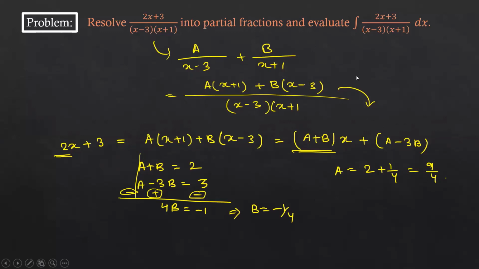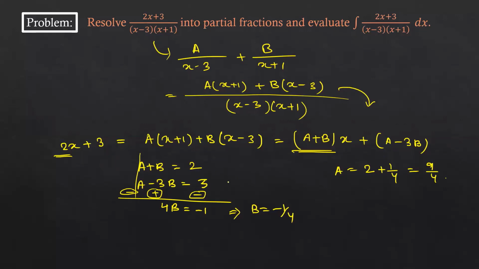Okay. Let's check that. So we have 2x plus 3 equal to A times x plus 1 plus B times x minus 3. That means here is the A plus B coefficient, and here the A minus 3B coefficient. So the first term will be 2, and the second term is A minus 3B, which will be 3.